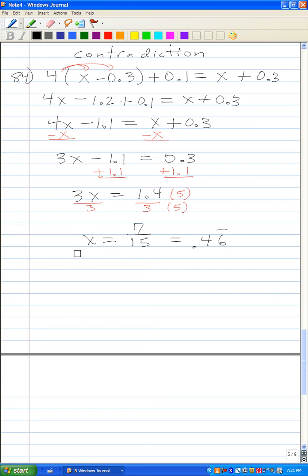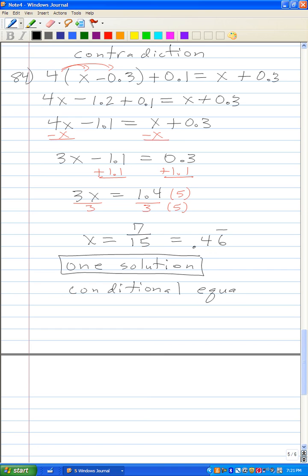And so in this case, there is one solution. This is called a conditional equation. So this is sort of the usual case where you have one solution.